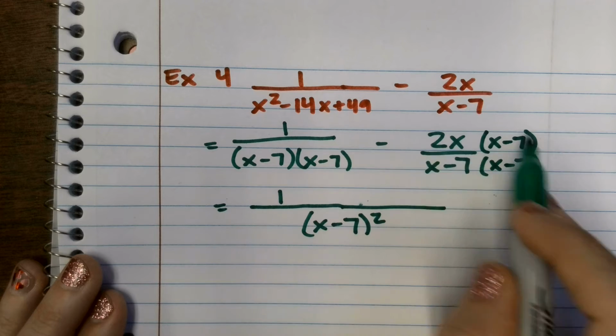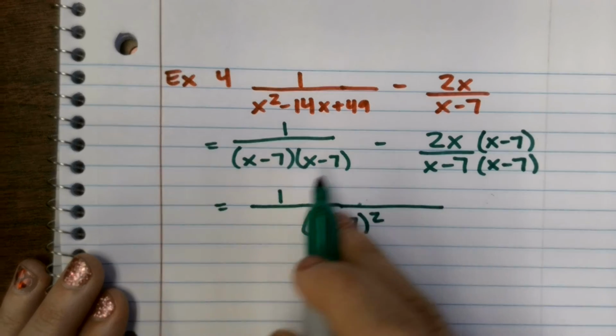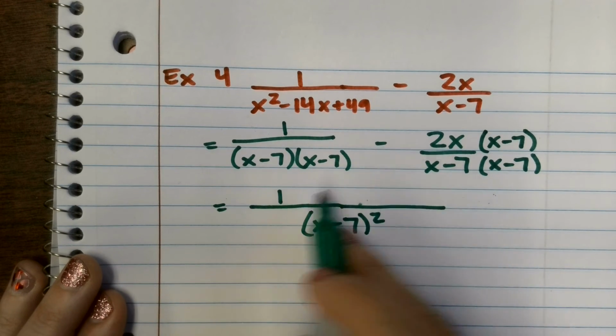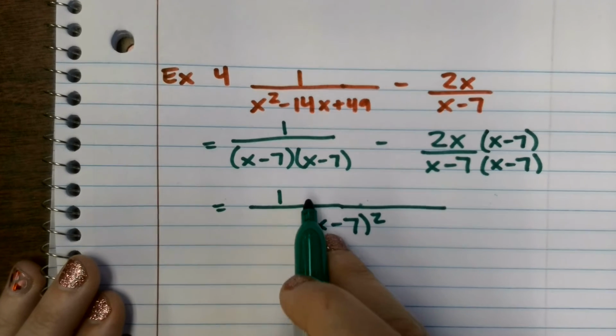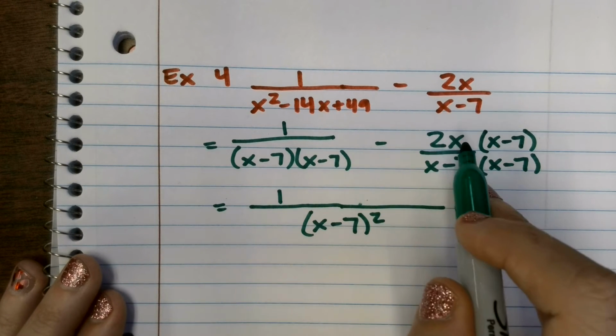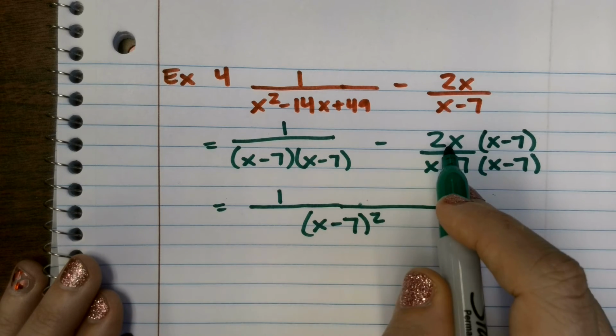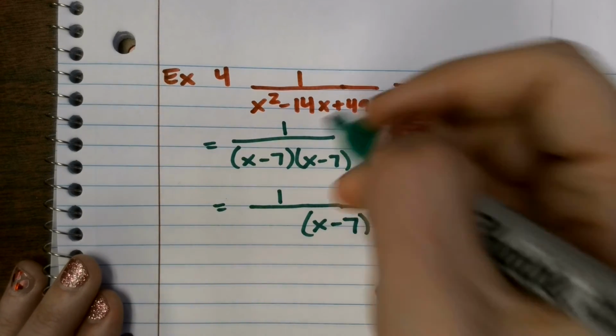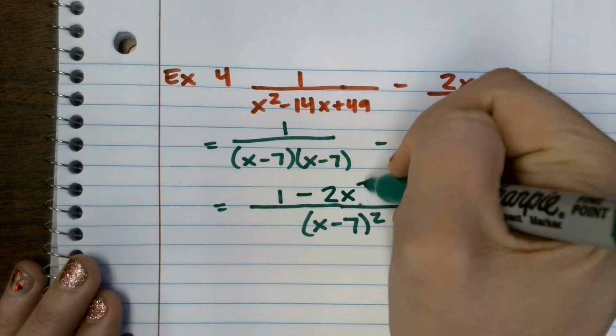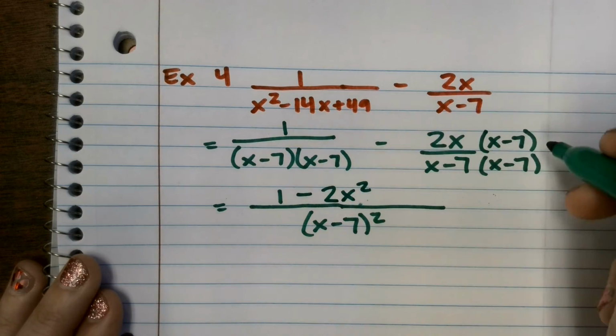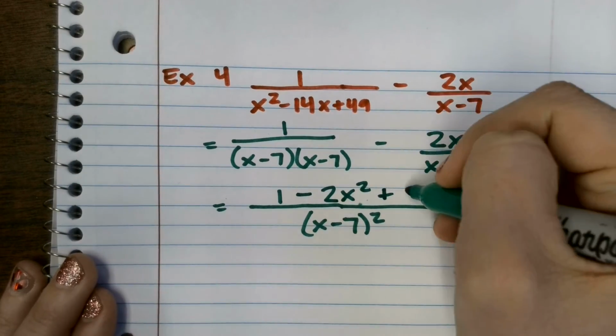In the numerator over here, like I was saying earlier, since I'm subtracting, now you could leave a negative sign and go ahead and multiply here, but leave the negative sign, or you could go ahead and distribute the negative sign as you go, which is what I'm going to do. So I'm going to treat this like a negative 2x. So I've got a negative 2x squared, and then a positive 14x.